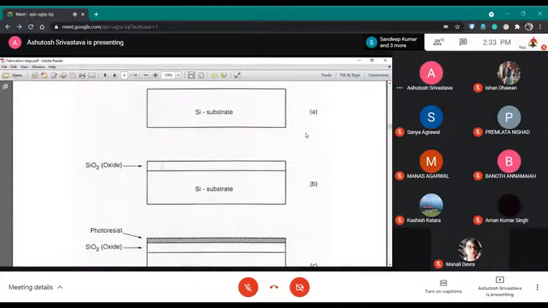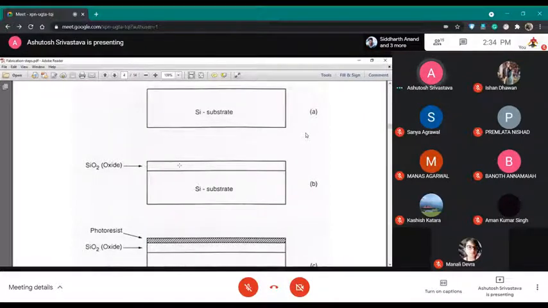One is at the edges, which is basically for isolating one transistor from another, and the other is the oxide just above your substrate and just below your gate, which is basically acting as an insulator. So the oxide on the sides would be for isolating one transistor from another so that they don't get shorted. So different types of oxides are formed.